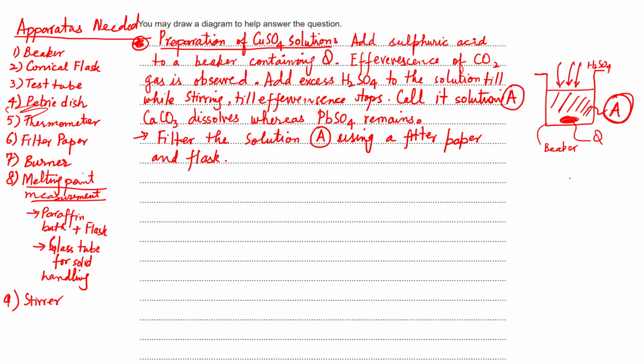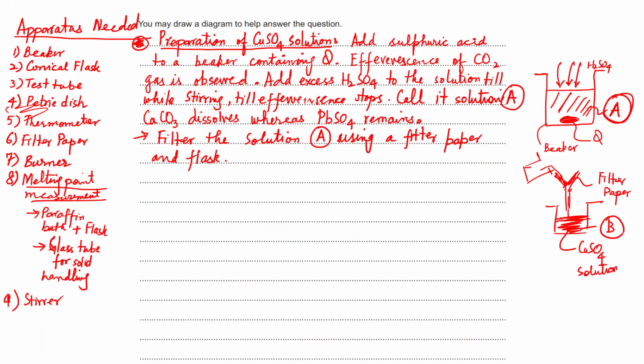Okay, so this is your flask. This is another beaker. You pour this solution into here. So you have your filter paper over here, and you'll get your filtrate. So this is copper sulfate solution.